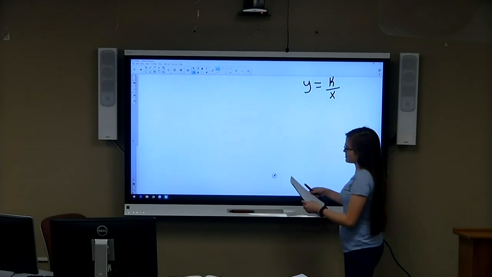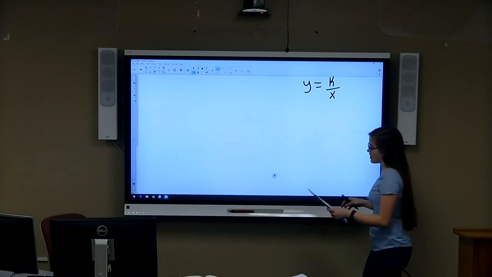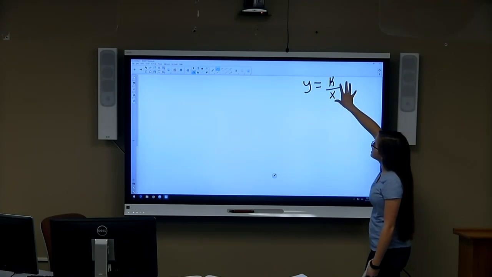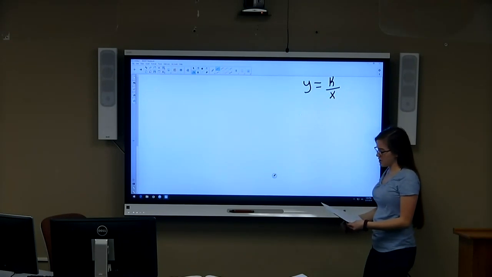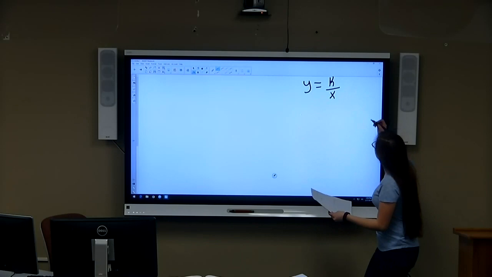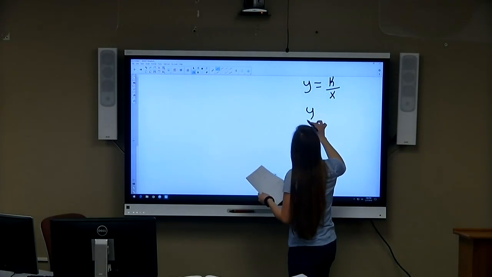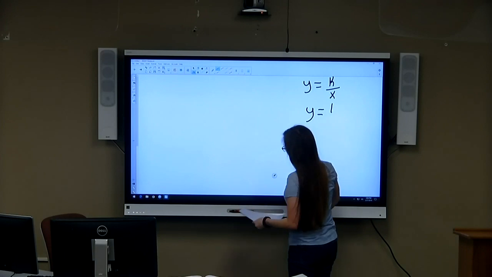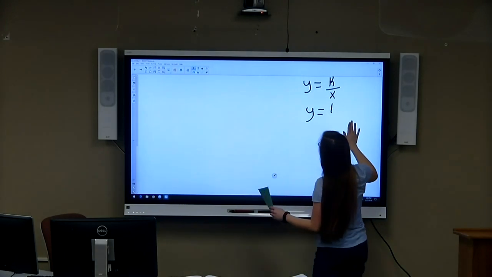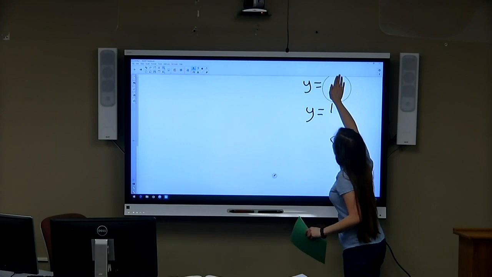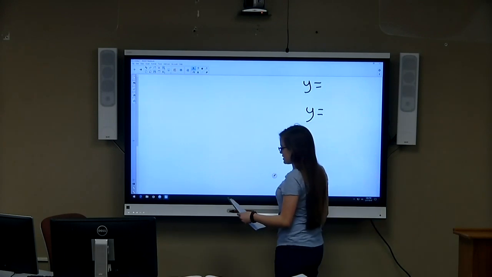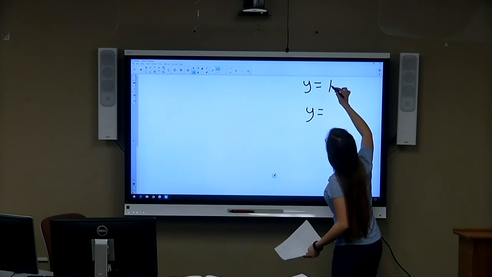That is why in this form it varies directly. However, in this form, oh crap, my bad. I accidentally wrote the wrong equation. In this form, it varies directly.